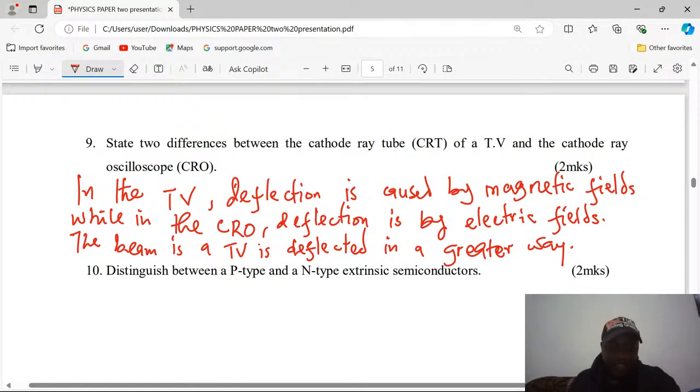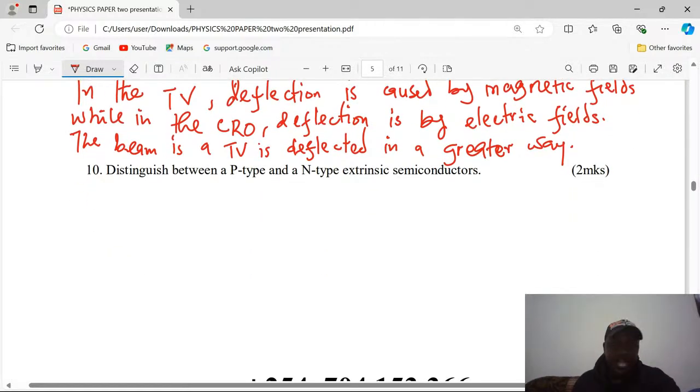There is another interesting question here in number 10. Distinguish between p-type and n-type extrinsic semiconductors.